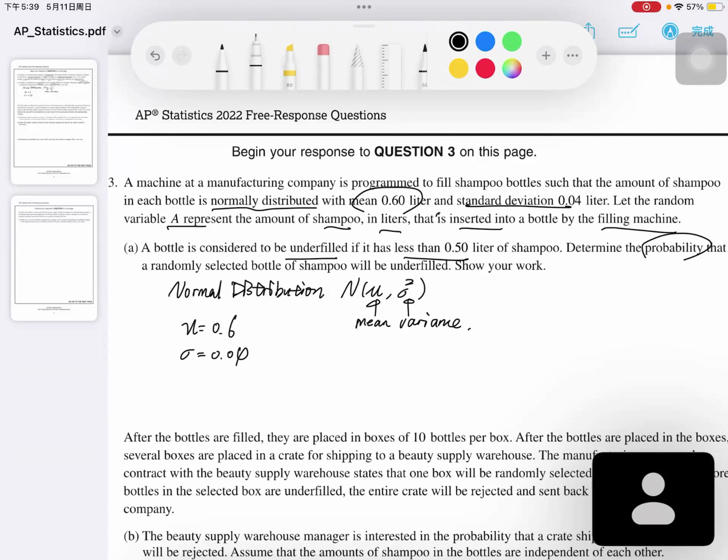So what is the formula? First, we need to standardize the values.